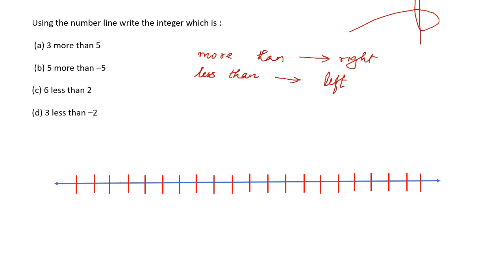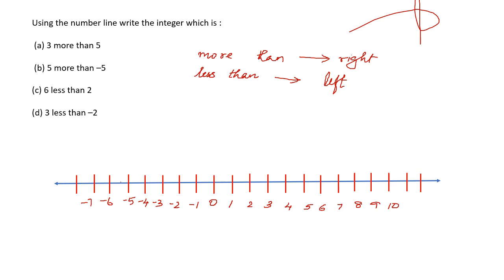Okay, so let us start from 0 here. I have 0, 1, 2, 3, 4, 5, 6, 7, 8, 9, 10, and here I have minus 1, minus 2, minus 3, minus 4, minus 5, minus 6, minus 7, etc.